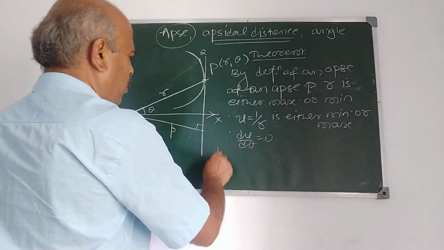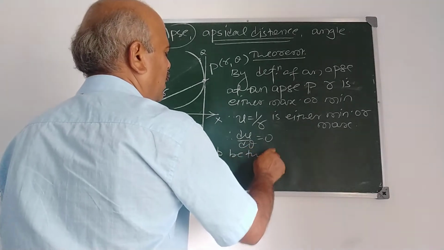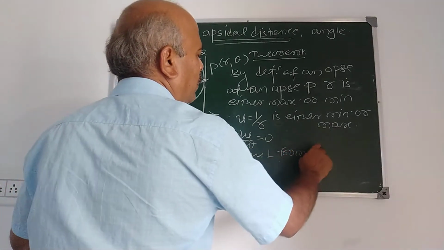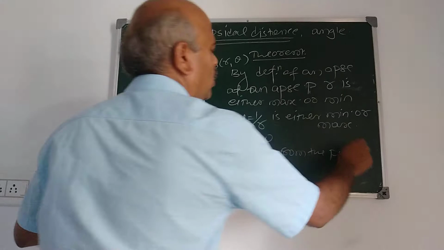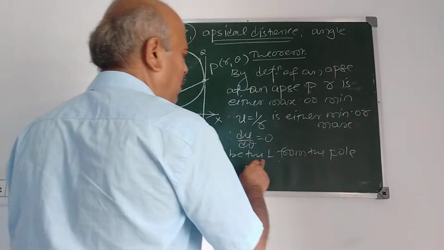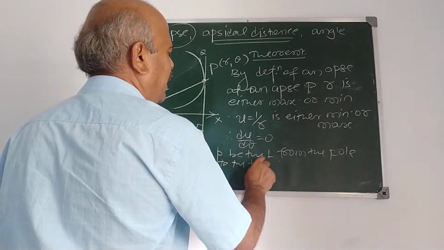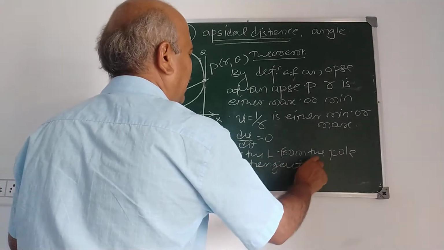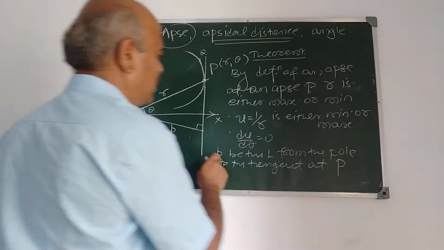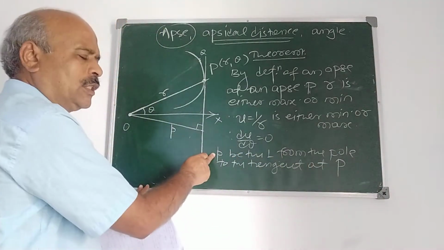Now, small p be the perpendicular from the pole. Pole means center of the orbit is taken as pole. p be the perpendicular from the pole to the tangent at the point P. This p is different, this is different. This is small p.